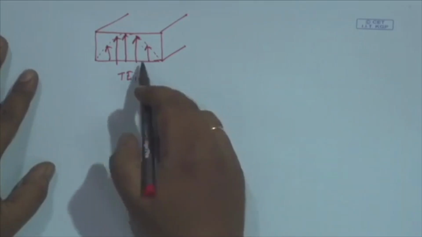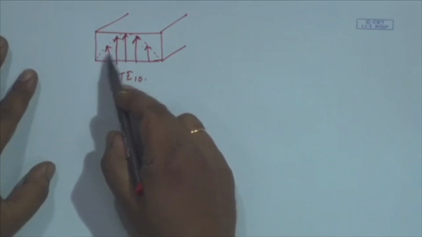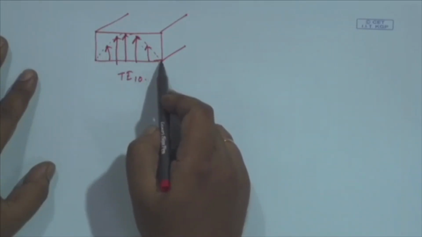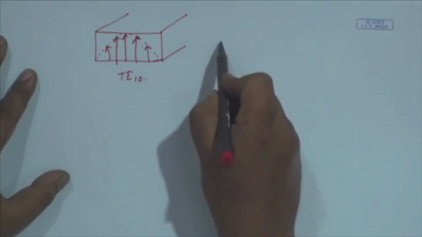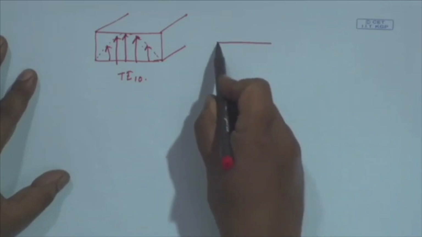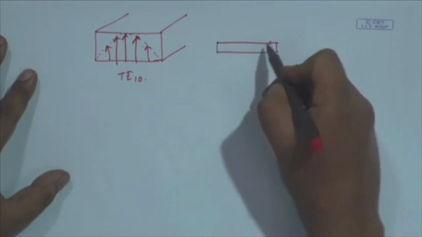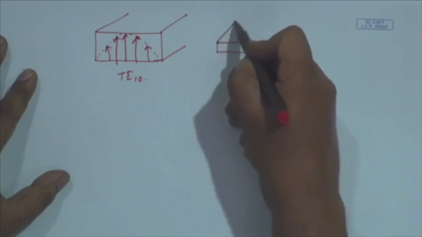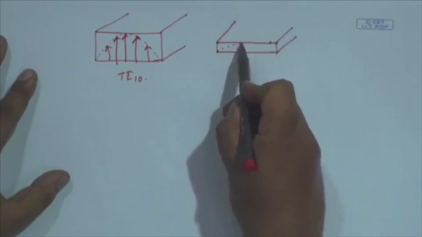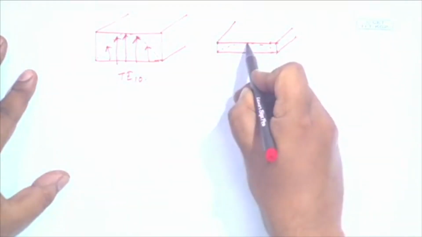It is maximum on the mid plane, and then if I go left or right side, the field strength decreases. Now, I am considering one more rectangular waveguide, but its thickness is much smaller compared to this, and it is also supporting a similar mode, TE10 mode.